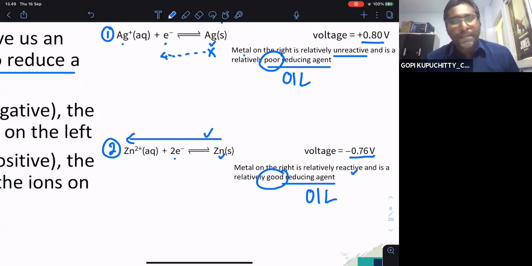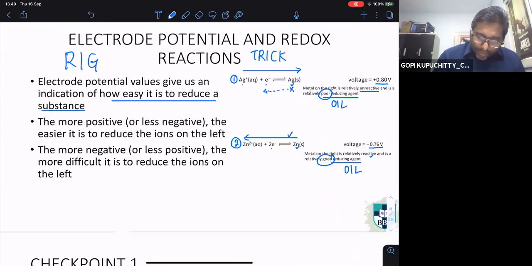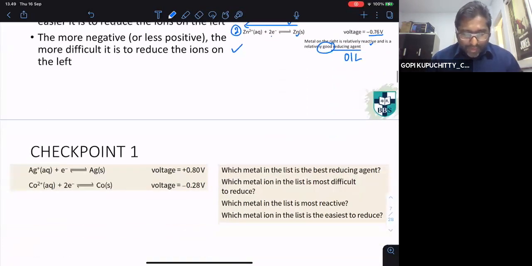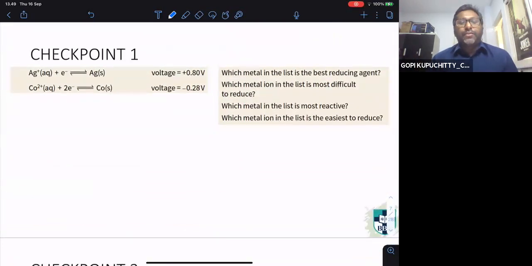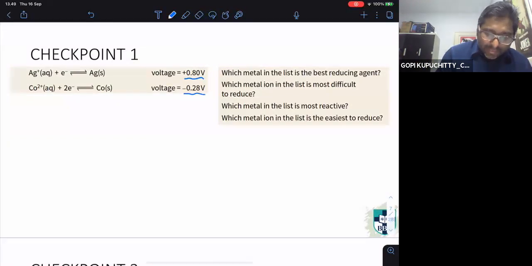Simple as that. So I have already explained this, but of course we will refer to it again and again, and therefore we will do some checkpoints here. Now I am going to give you these two equations, and do take note that both of them are in the form of reduction. You see the way they are written, and you can see positive, negative.